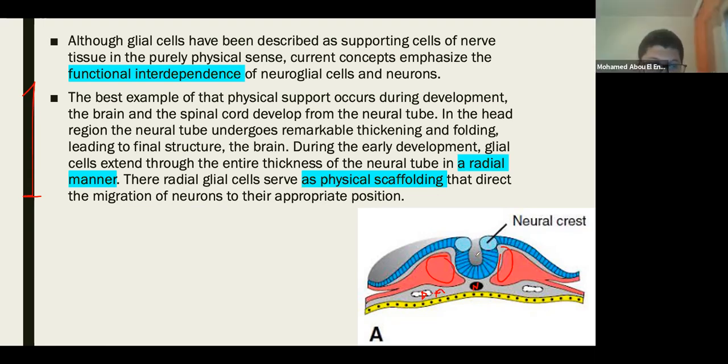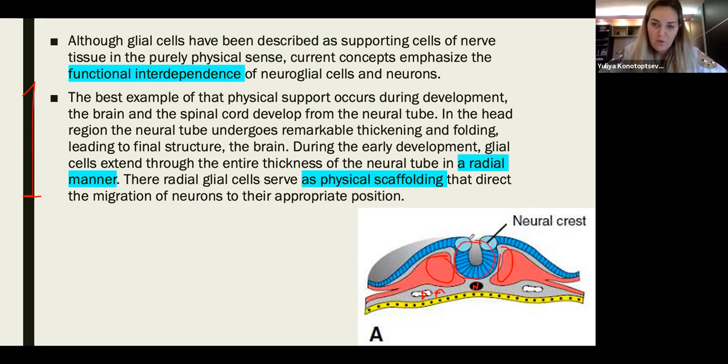Perfect, yes. So you remember the process is called neurulation when you're creating the neural tube. During neurulation, neuroglial cells are produced first. These neuroglial cells are going to be creating some kind of scaffolding, like a scaffold, something like a barrier. And because of this, the neural tube is exactly as it is.